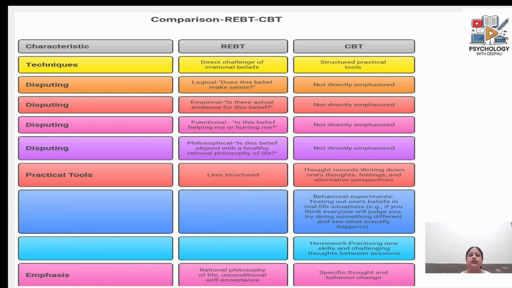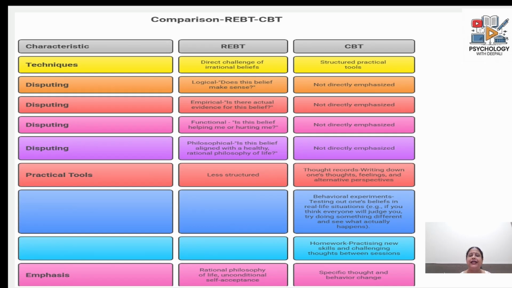Functional disputation is where the therapist may ask, is this belief helping you or hurting you? And then there is philosophical disputation, where the question is, is this belief aligned with a healthy, rational philosophy of life? In CBT, you don't see these kinds of direct disputations. It is not directly emphasized in CBT.